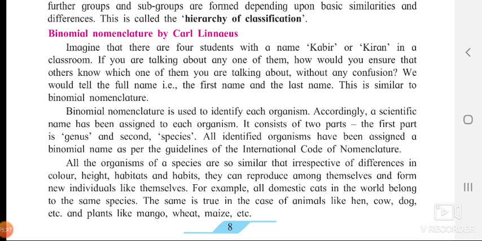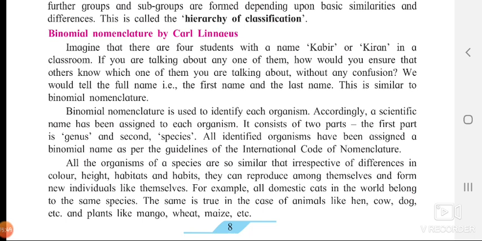This is similar to binomial nomenclature. Binomial nomenclature is used to identify each organism. Accordingly, a scientific name has been assigned to each organism. It consists of 2 parts. The first part is the genus and the second part is the species.